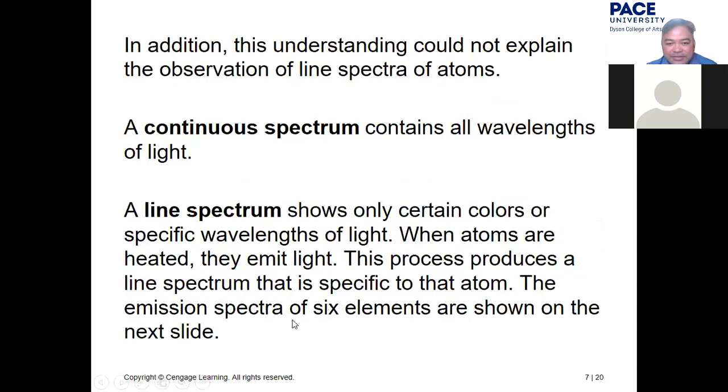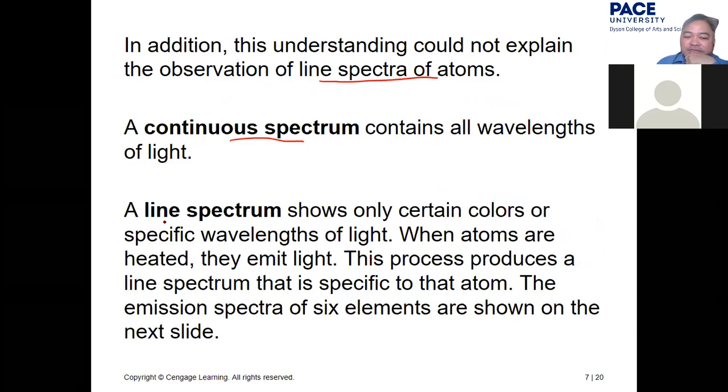And in addition to that, there are some phenomena that they could not explain, for instance, the line spectra of the atom. If you have a continuous spectrum, that's your rainbow, it contains all the wavelengths of light.